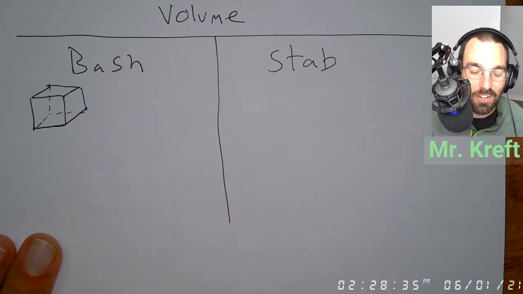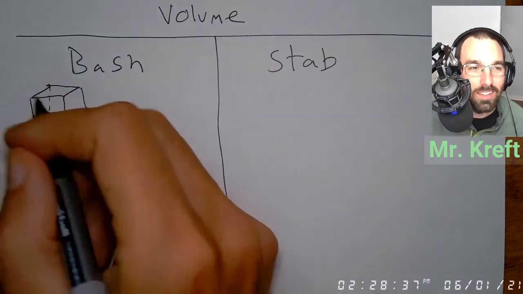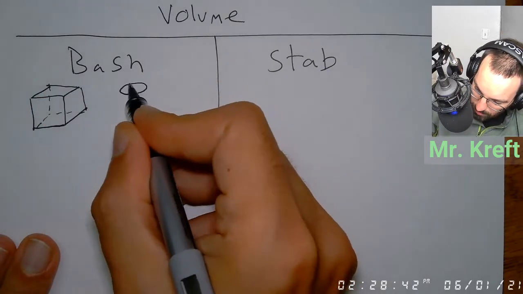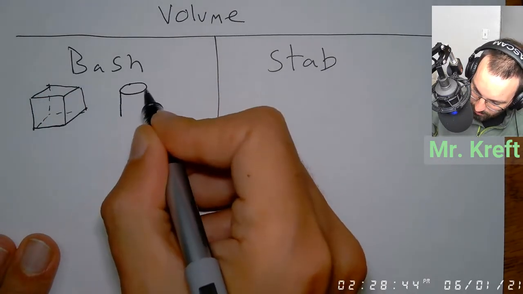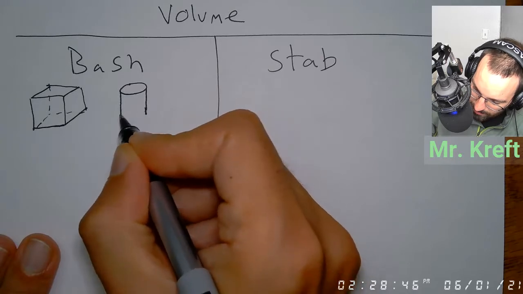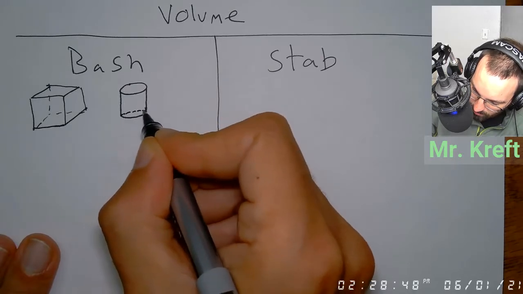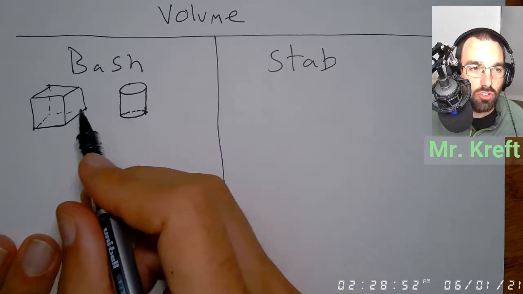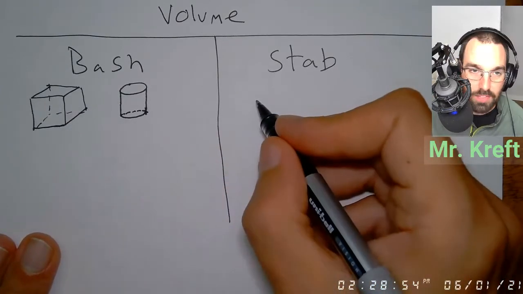Sure, but you can cut yourself on a lot of things. So this is a bash shape. Another bash shape is a cylinder. You'll never look at a can of tuna the same way. So these shapes are bashing.